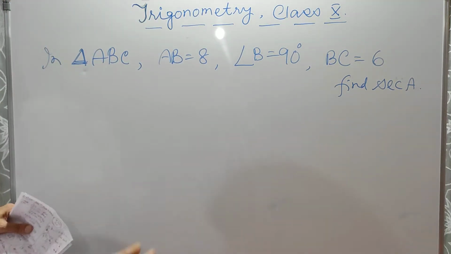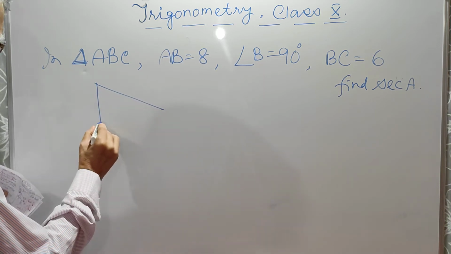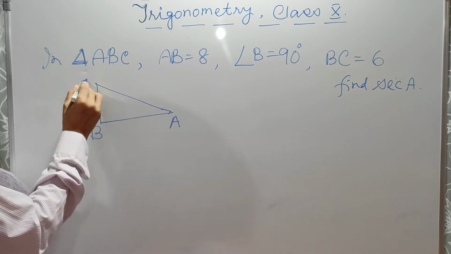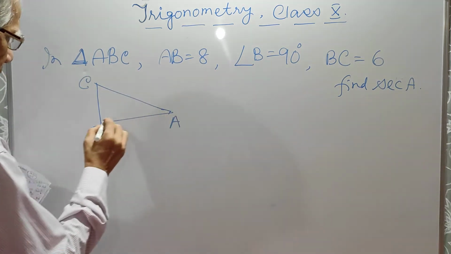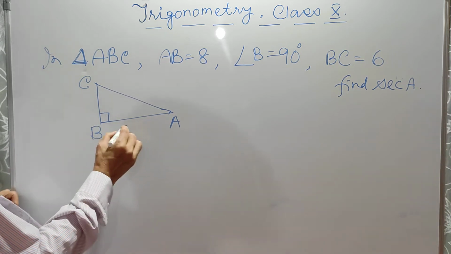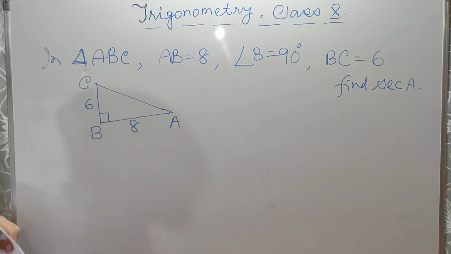Let us draw the triangle. Suppose this is A, this is B, this is C. B is 90 degrees, AB is 8 and BC is 6.